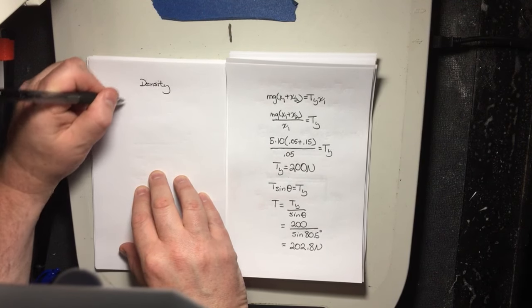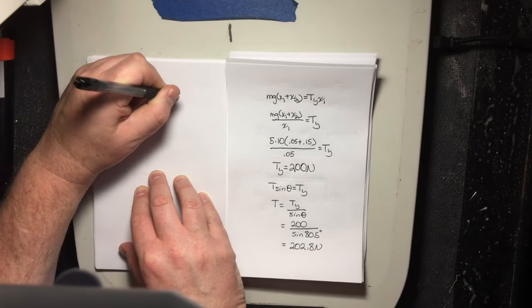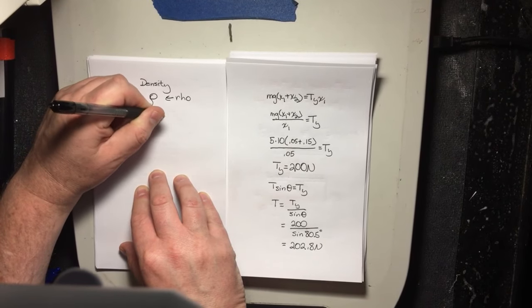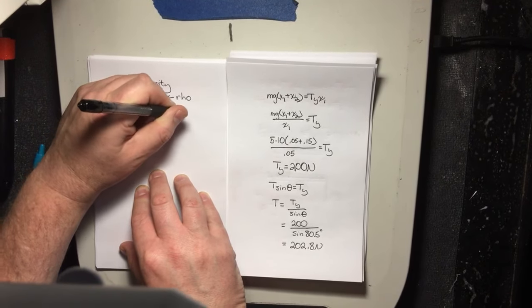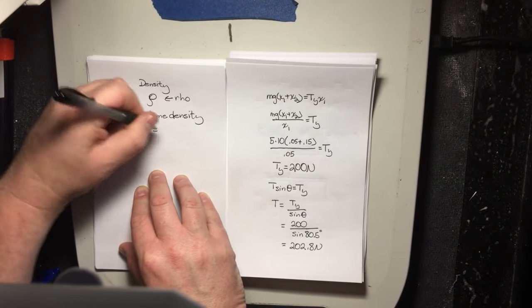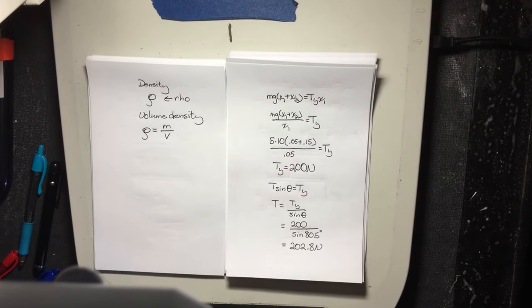There is our typical density rho, and this is our volume density. So rho is equal to mass divided by volume. It is the one most people are very familiar with. You've got a mass, you figure out its volume, boom, you're done.